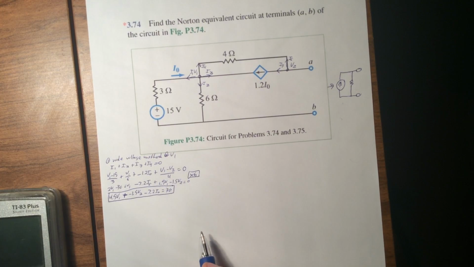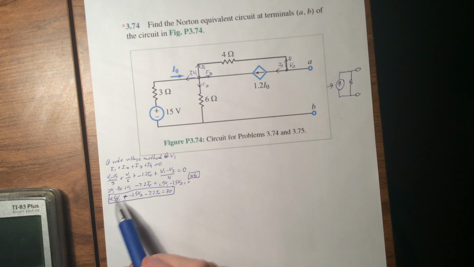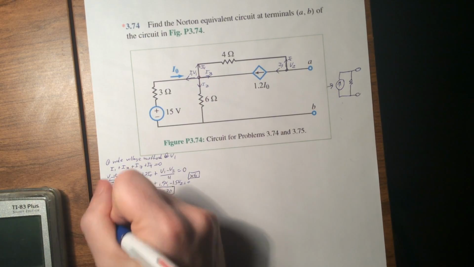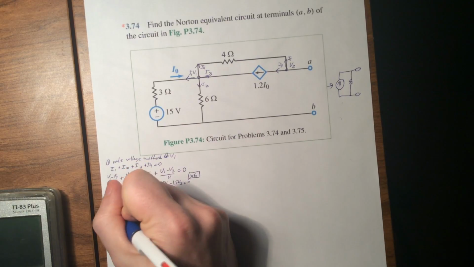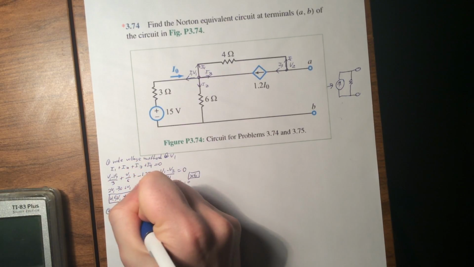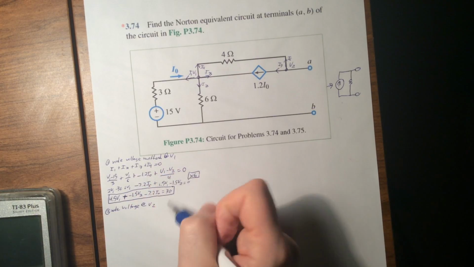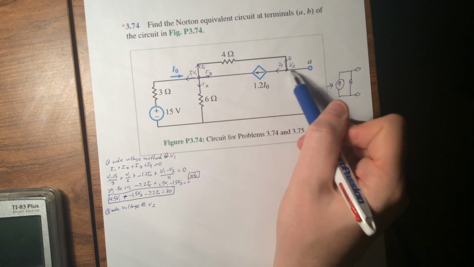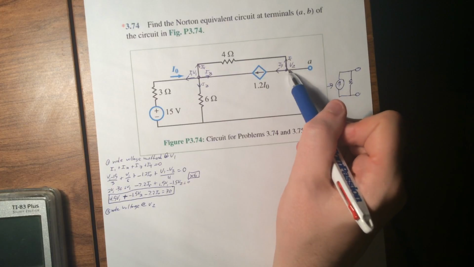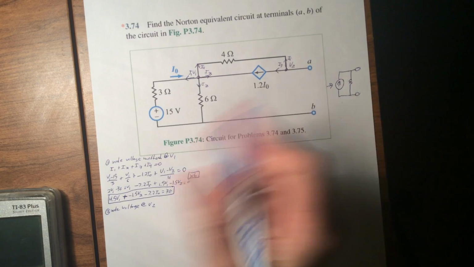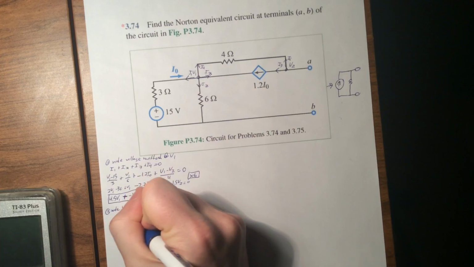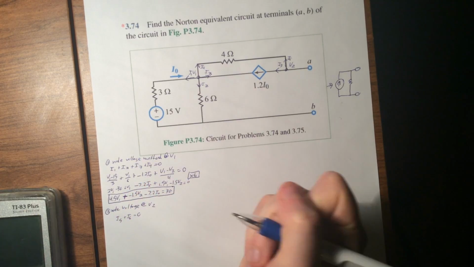Our next equation: we have 3 unknowns, so we're going to need 3 equations. So we do node voltage at V2, which is a little easier. We get I5 plus I6 equals 0.